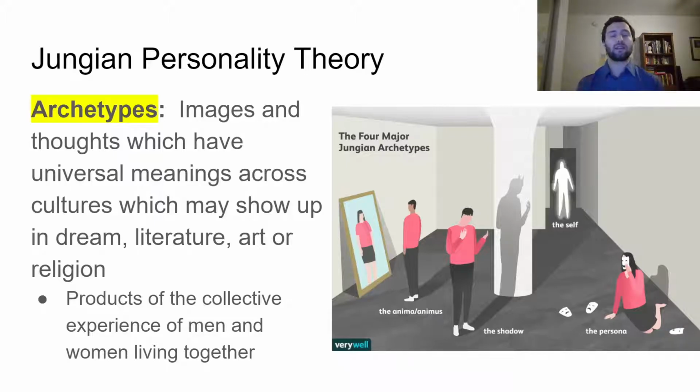And those different things are going to represent something in our collective conscience. These are all products of the collective experiences of men and women living together. They just come out of life, basically.